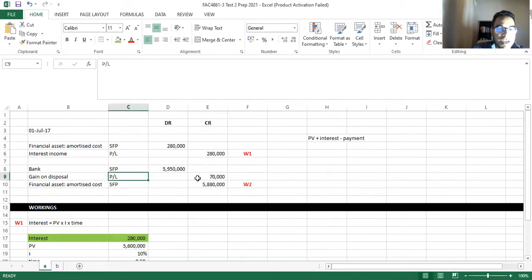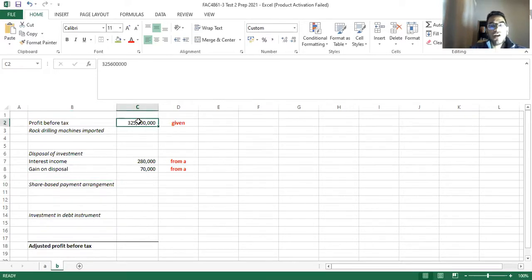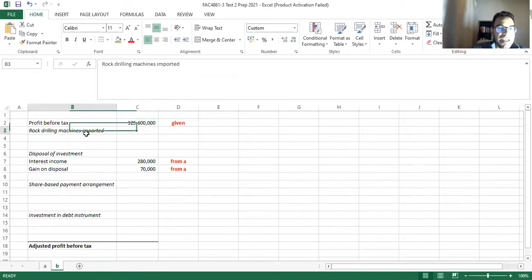So part A, you're probably going to score 1 mark for those two, but you're just bringing it over. And you probably score 0 marks over here or half a mark for correctly starting off with the right number. Now the rest is going to be over here.